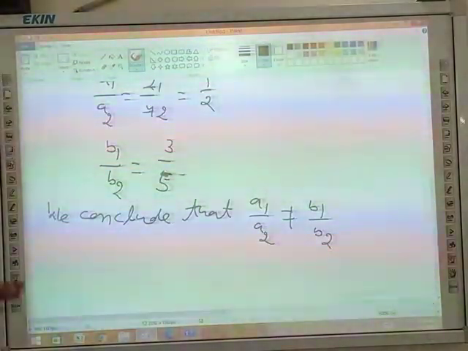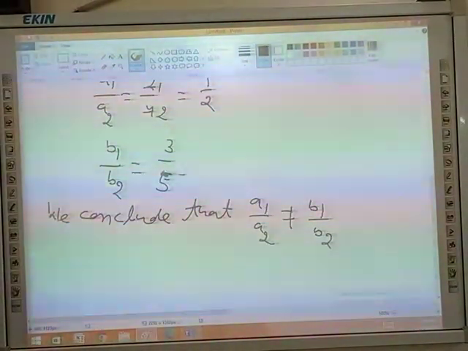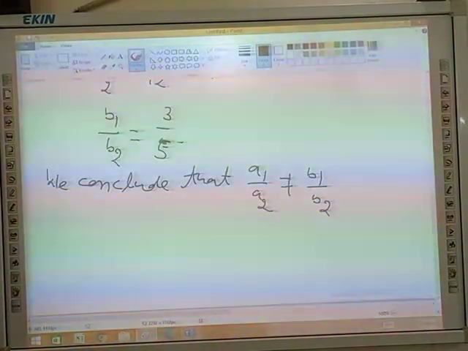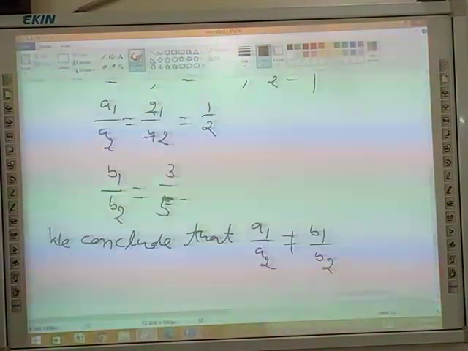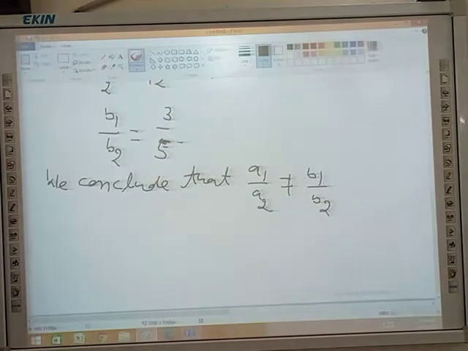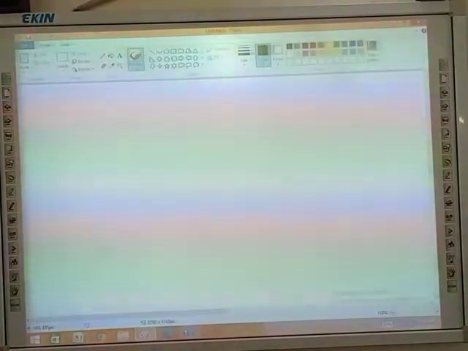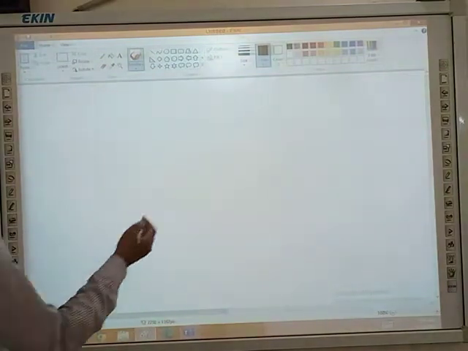Students, if you obtain A1 by A2 is not equal to B1 by B2, then your graph will be an intersecting line graph. Please note it down.